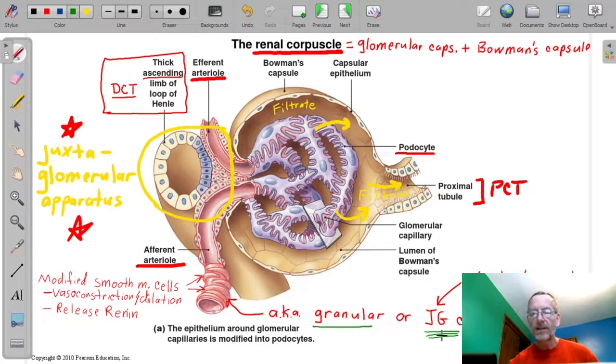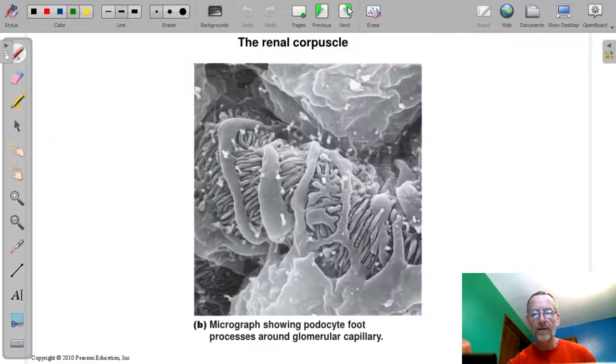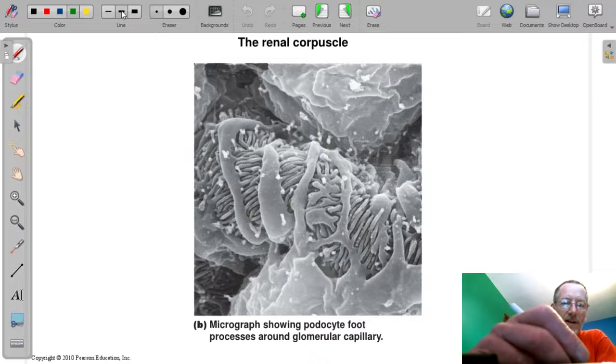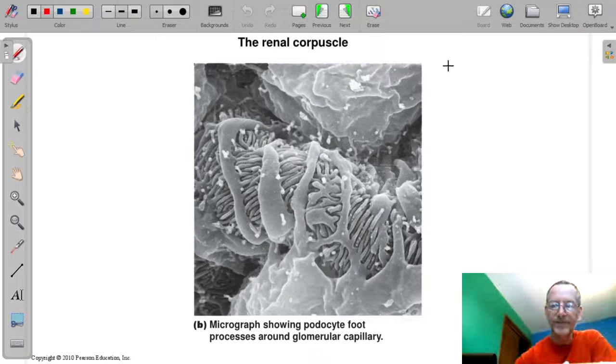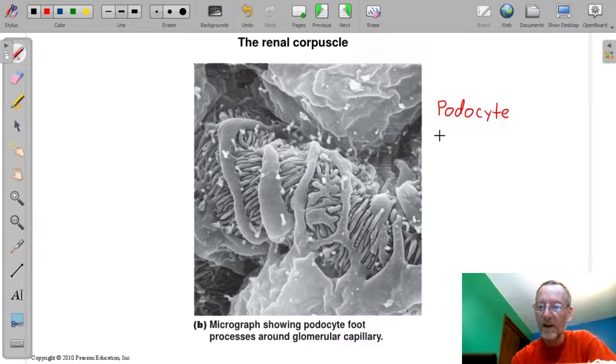Okay, the next slide shows just an electron micrograph close-up, very high magnification, of podocytes. And it's just thrown in here sort of as FYI, general curiosity, won't be on the exam or the quiz. I'm not going to ask you to identify these. But the podocytes are these fingers that wrap around the capillaries.